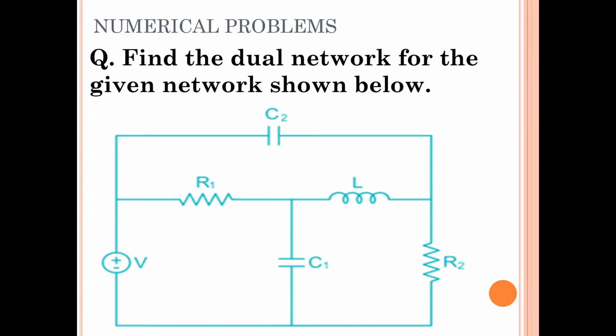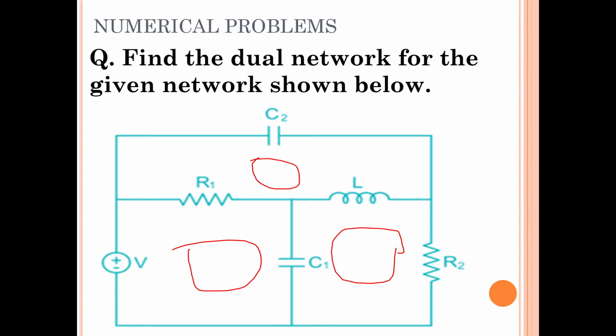Did you complete? Okay then. Now see here in this circuit, there are three meshes. This is one mesh, this is another mesh, this is another mesh. Just now I told you orally that the meshes are dual to node.